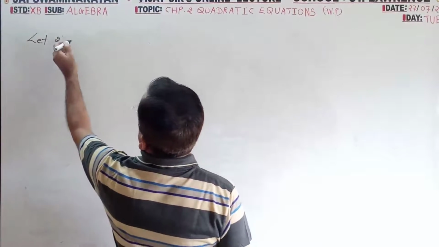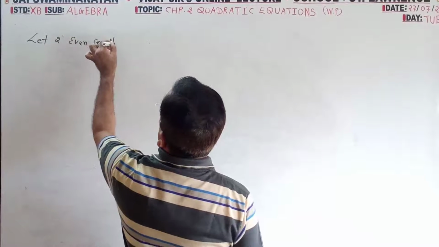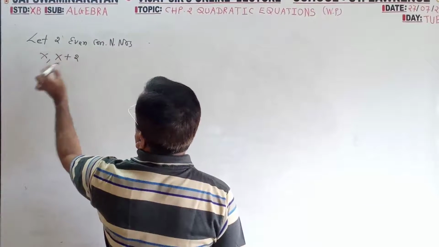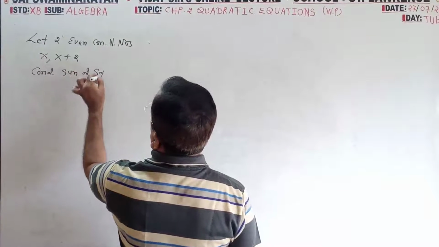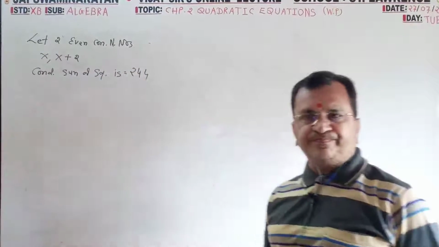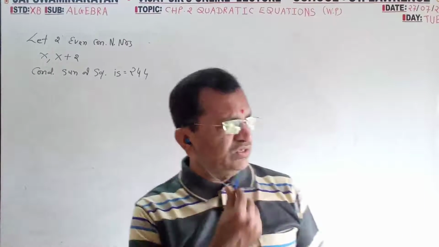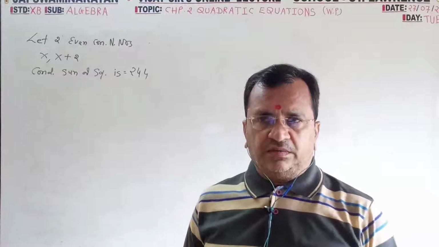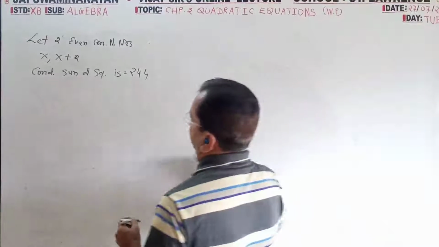Let the two even consecutive natural numbers be x and x plus 2. Condition: sum of squares is 244. This is the question. We have to consider even natural numbers and consecutive, next to next.